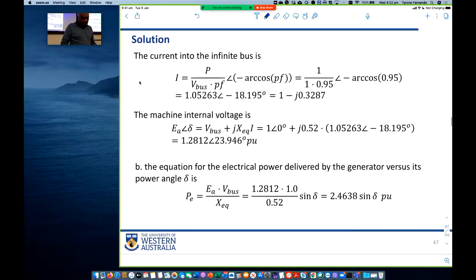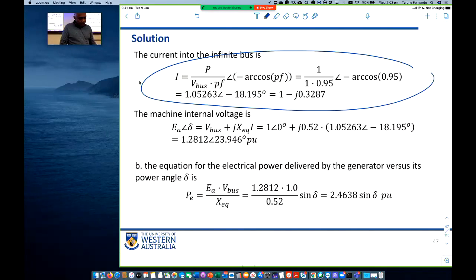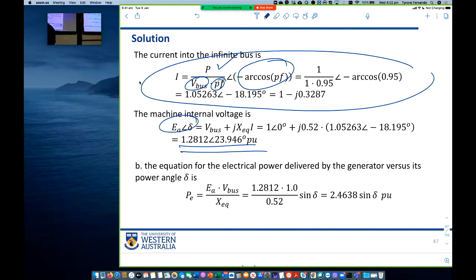So here is the calculation of the current. Because you know the power, the bus voltage, the power factor, and the angle is negative, we know the current, and here we calculate EA. So EA has this value, with a magnitude and angle. From that we can determine the electrical power.